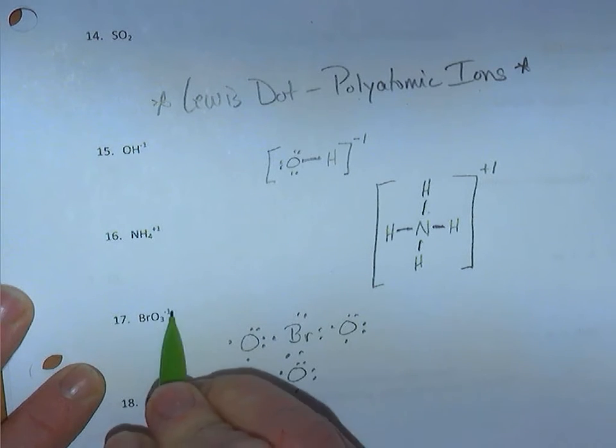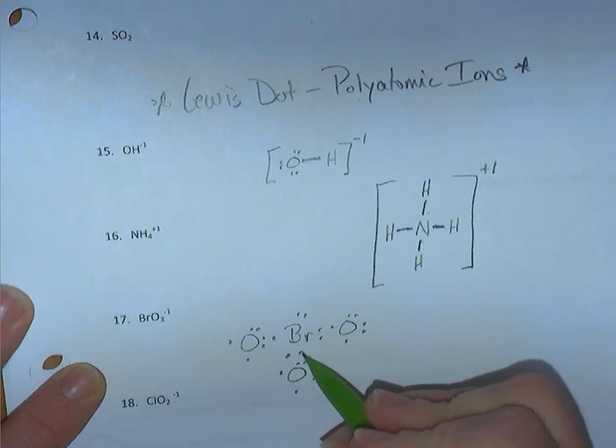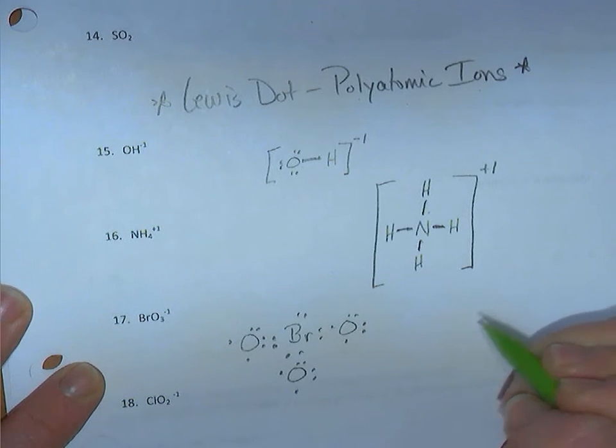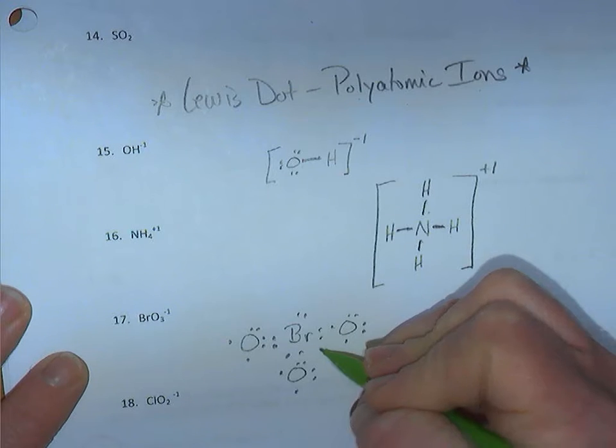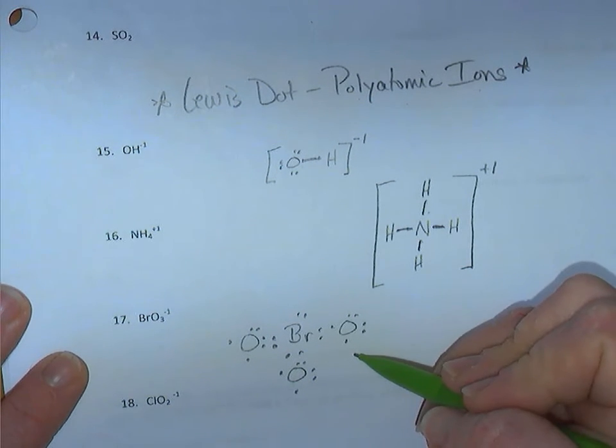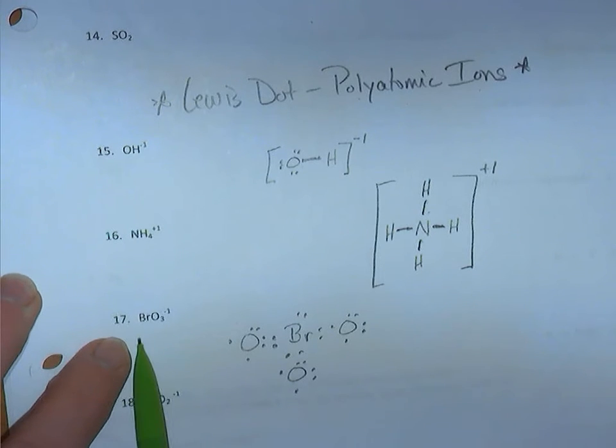But my -1 will cause me to put another electron on bromine. Oh my gosh, so it is actually beginning with 8. It already has its octet. I will let us know when something exceeds the octet. Bromine is not here, otherwise I would tell you.